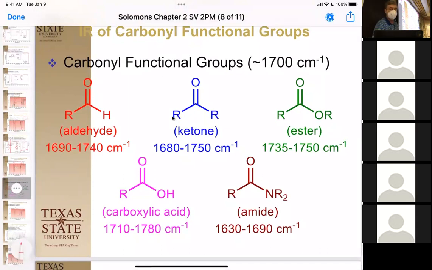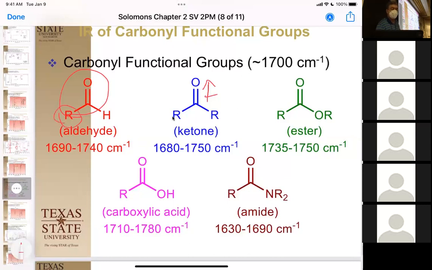Remember that the carbonyl has a permanent, nice polar bond with that oxygen. So carbonyl groups always absorb between 1500 and 2000, and they are always strong in intensity. But they shift around depending on what's attached to them.